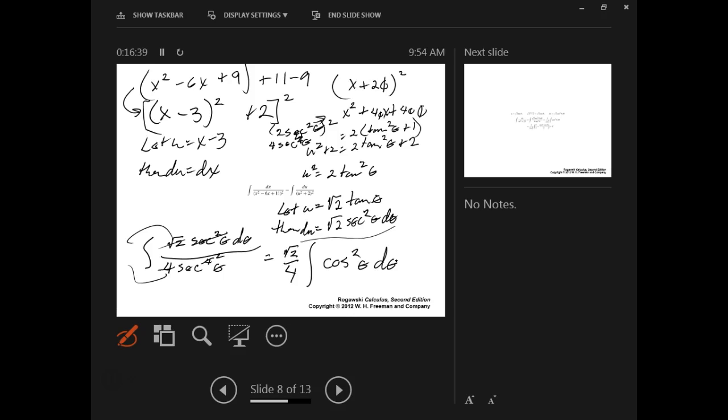You want to call it out to me? I'm going to put the square root of 2 over 4 because that's there, and you tell me what number 4 tells you to do. Which one are you going to do? The second one. So it's not an x now, it's theta over 2 plus 1/2 sine theta cosine theta.